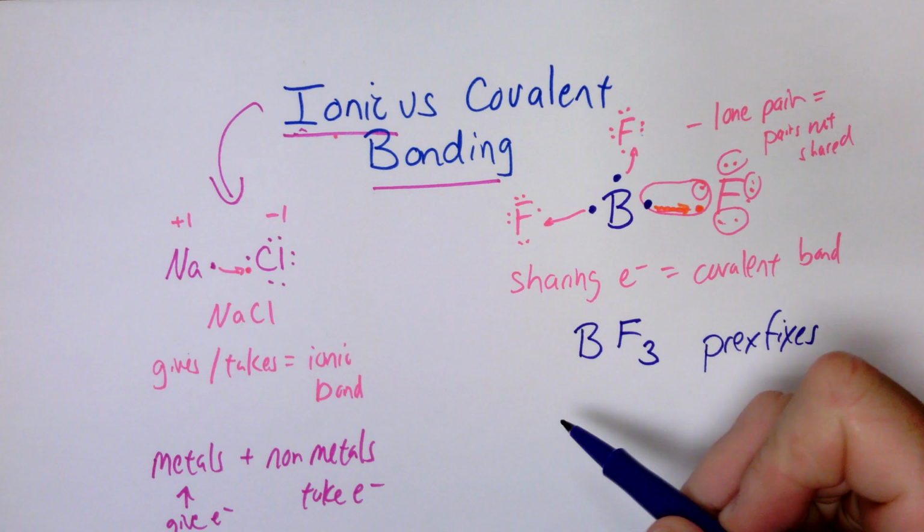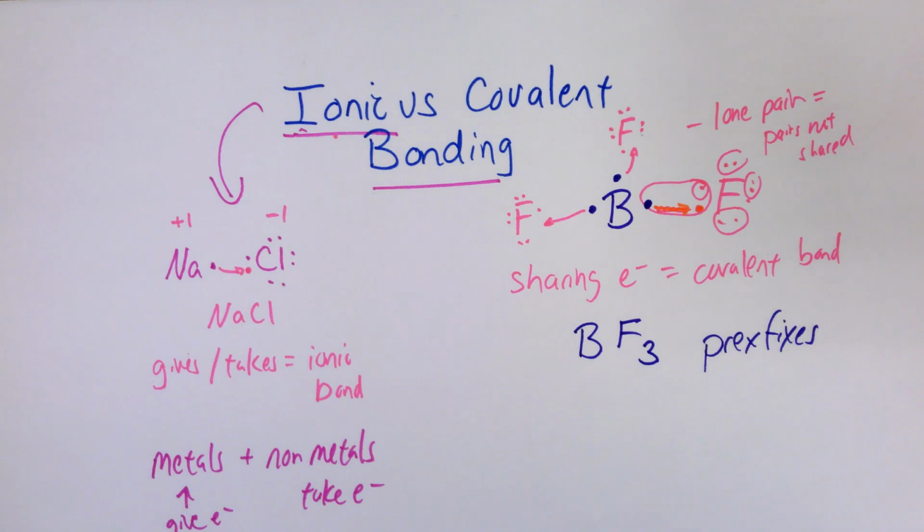So the prefix for 1 is mono, like a monocle. It's like a one lens piece of eyewear. As a bifocal is 2 different lenses, and a tricycle is 3 wheels. So we're going to use the prefixes mono, di, tri, tetra, penta.